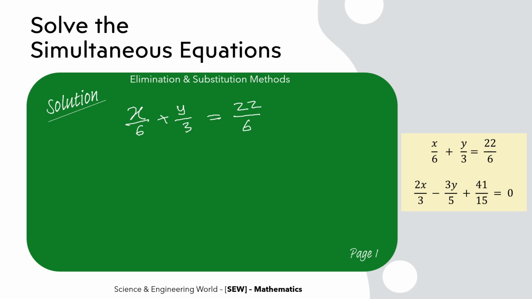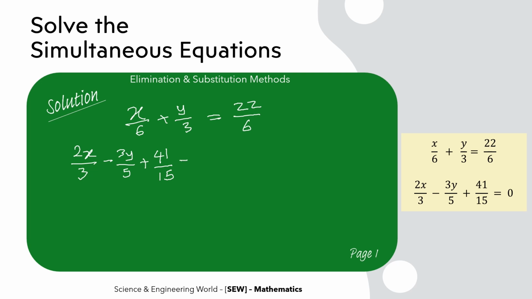We have 2x over 3 minus 3y over 5 plus 41 over 15. Now, for 41 over 15 to go on the other side, we need to take it away from this side.